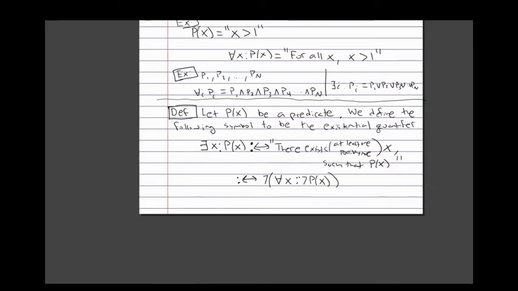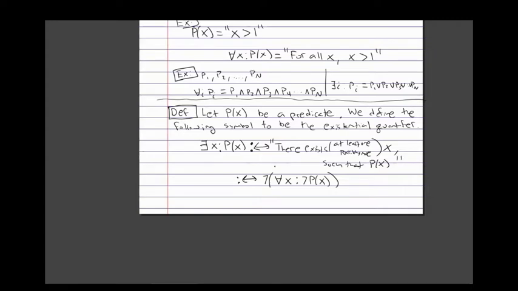We have to take the negation of that. The main reading here is to think of this as saying there exists an x such that statement P of x is true. Well, this is the same thing as saying that it's not true that for all x, P of x is not true.